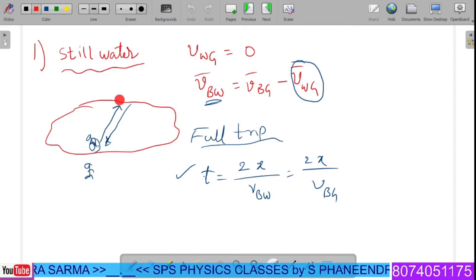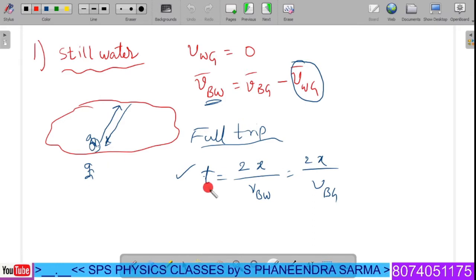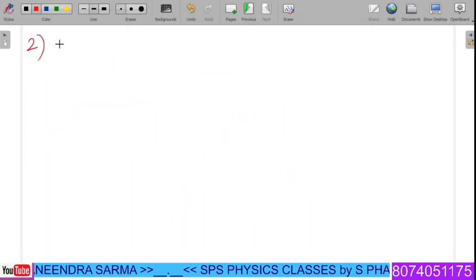As a result, the boat goes like this and comes back with the same speed. Therefore, the person outside the lake and inside the system both observe that the boat is moving with the same speed, and the time taken for to and fro is the same. Therefore, the time of journey is the total distance traveled divided by velocity. Total distance traveled is x forward and x backward, so x plus x is 2x. The time is 2x by VBW.